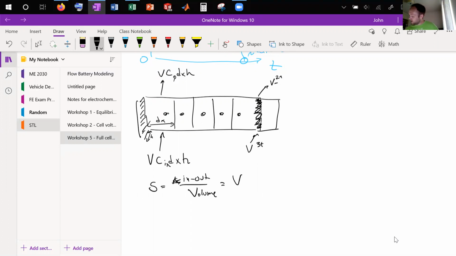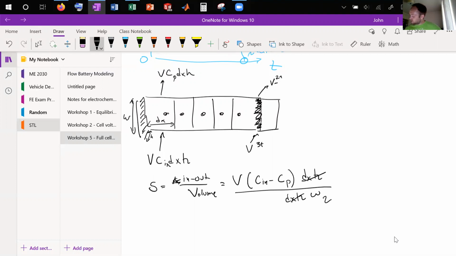So that's going to be velocity times c in minus c of this point times dx times h. We have to divide by the volume. So the volume is dx times height times the width. So all you're left with here is the width.